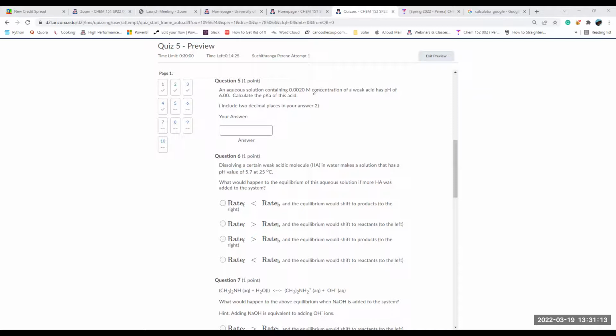You also find the Ka, pKa. Since you know the pH, we know the pH is equal to minus log H3O plus concentration.